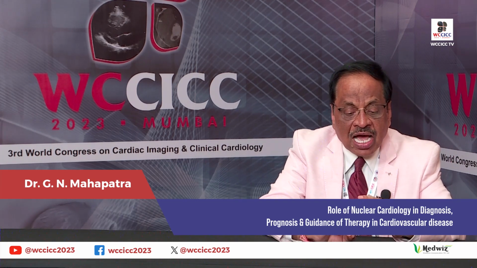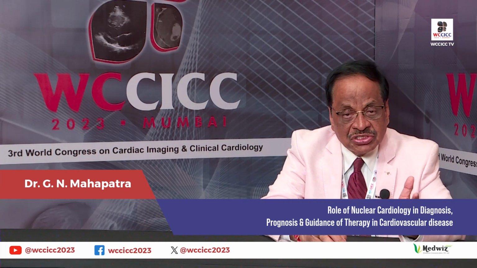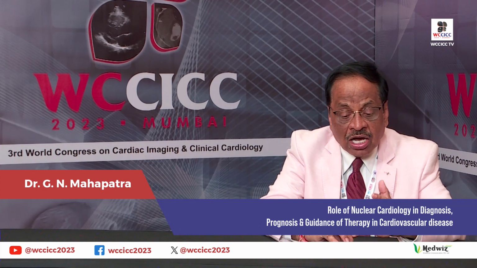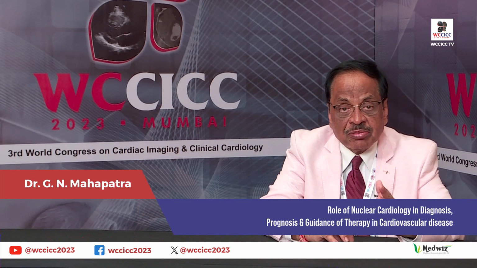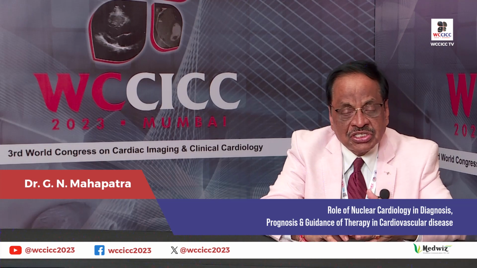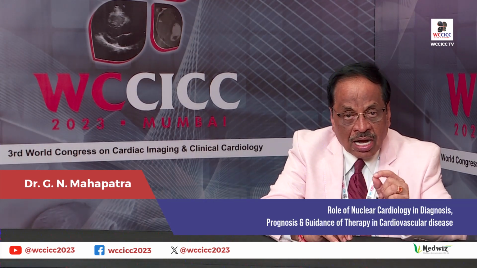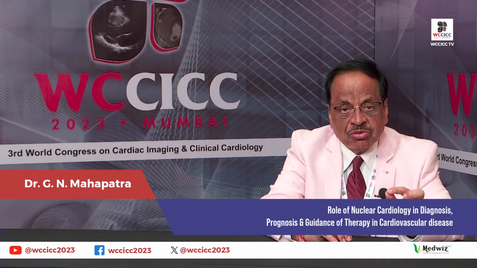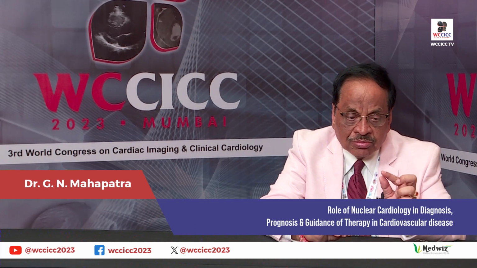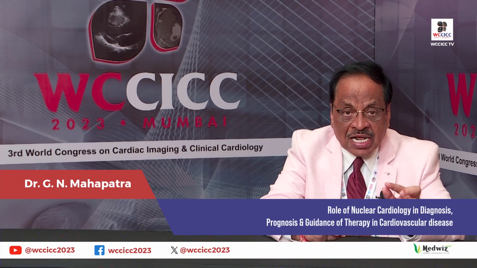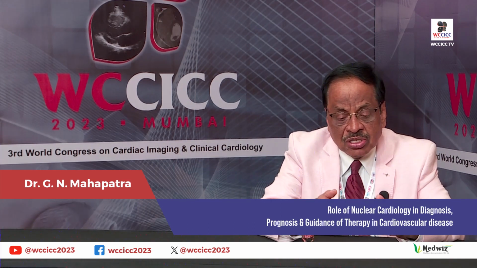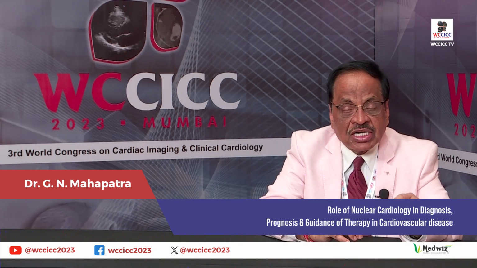Stable plaque can be detected by coronary angiography CTA, but unstable plaque cannot be detected so minutely by CT scan, because the radioisotope which you give, sodium fluoride, binds to the calcified area. That is called microcalcification, and microcalcification is beyond the reach of CT angiography. So we detect the atheromatous plaque.